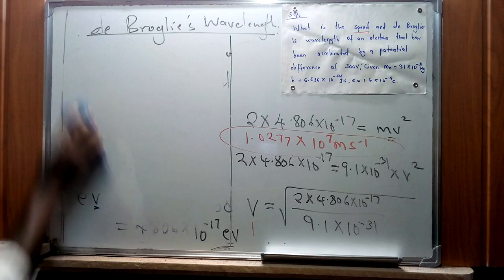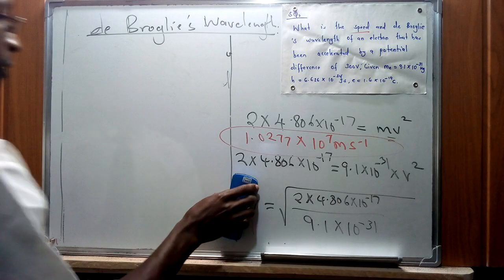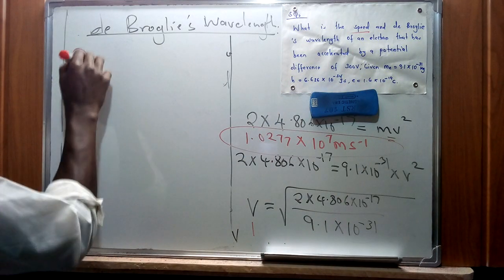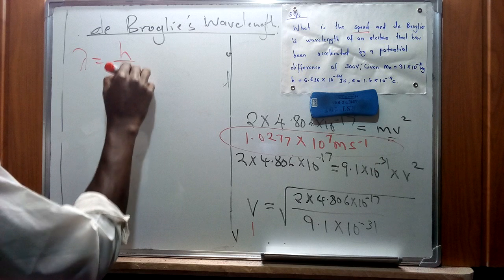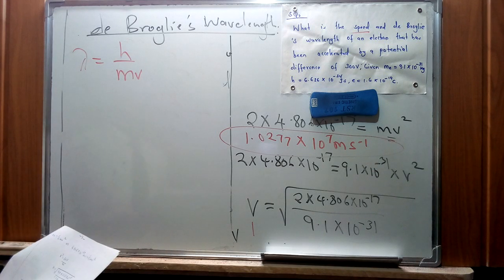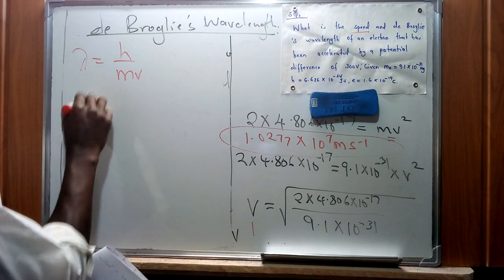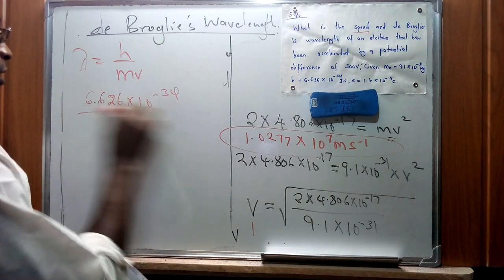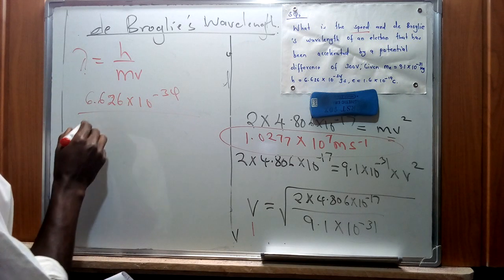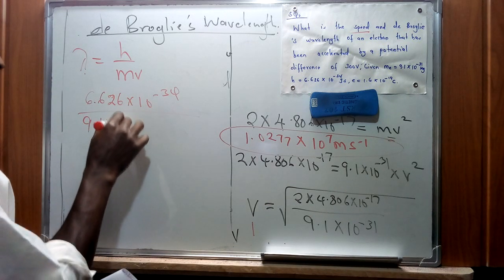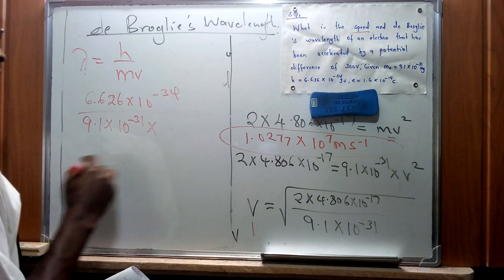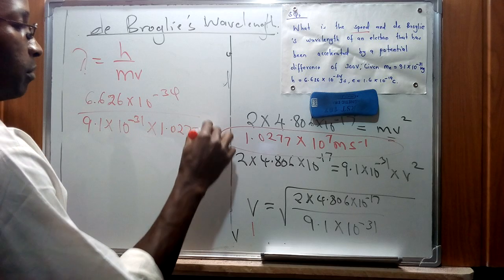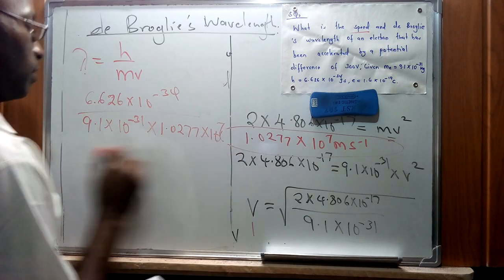The de Broglie wavelength will be given as lambda equals h over mv, where v is that speed. So this is 6.626 times 10 negative 34, divided by the mass, 9.1 times 10 negative 31, times v, which is 1.027 times 10 to the 7.